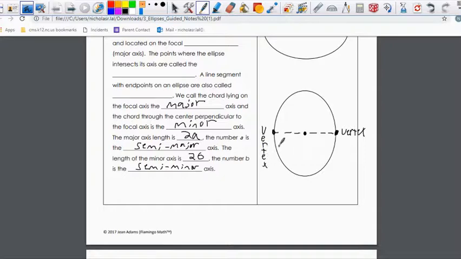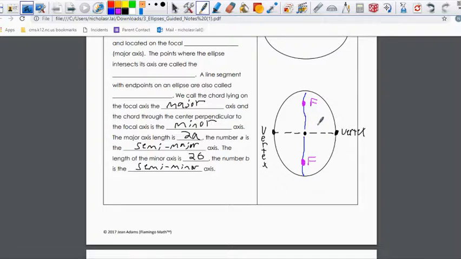We also have our major axis with a vertex. Now, because it's a vertical ellipse, we have foci on the major axis, which is now vertical.